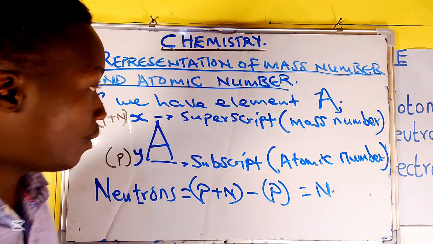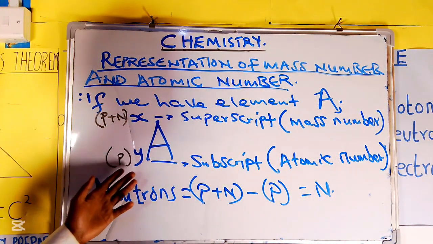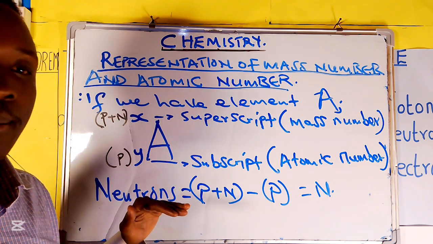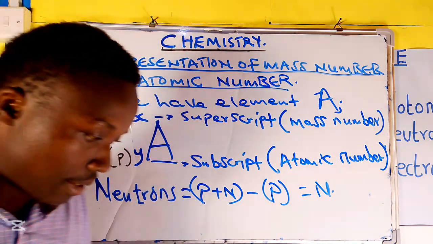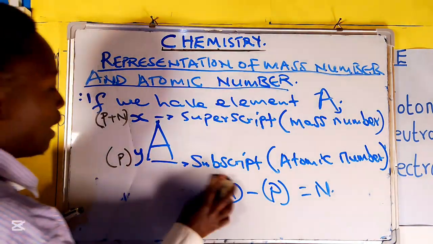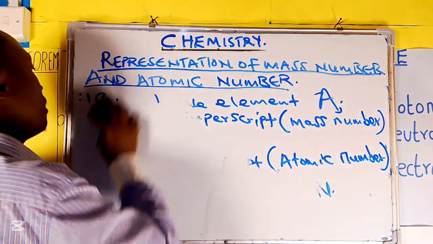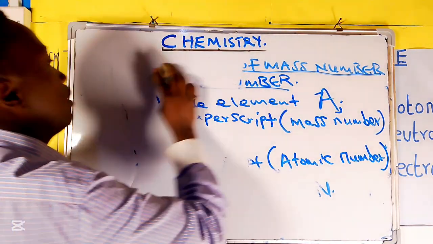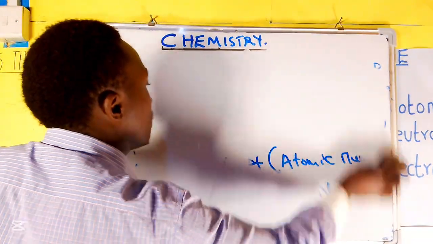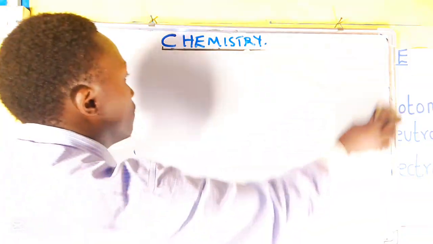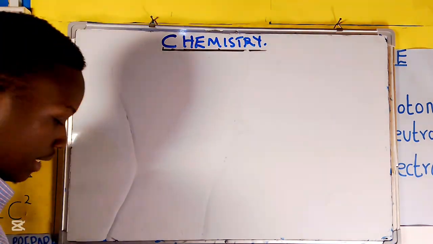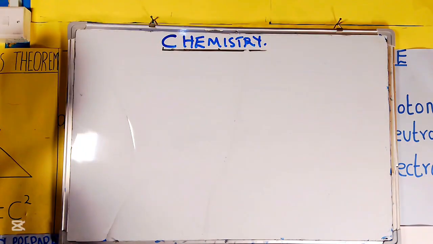That is how we determine the number of neutrons, and this is how we generally represent the mass number and the atomic number. So by having that, we can discuss something on isotopes.